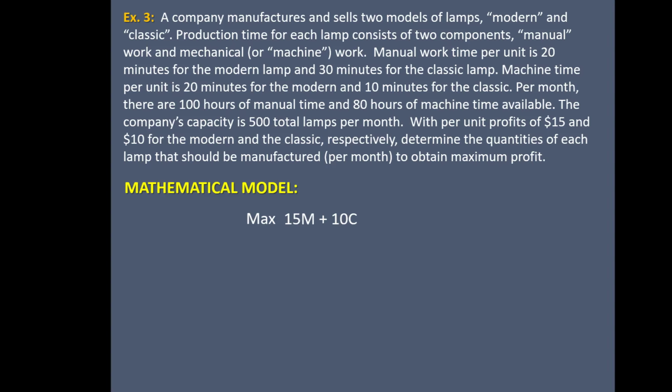And again, I pointed this out in a previous video as well. We really have to be careful with units, because here I see some of the information is given to me in minutes, and some of the information is given to me in hours.